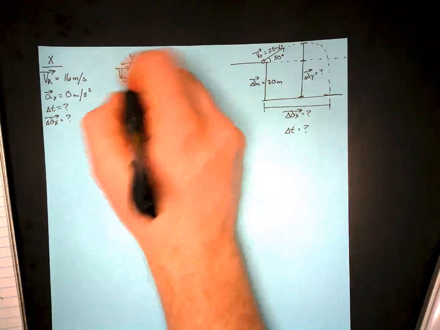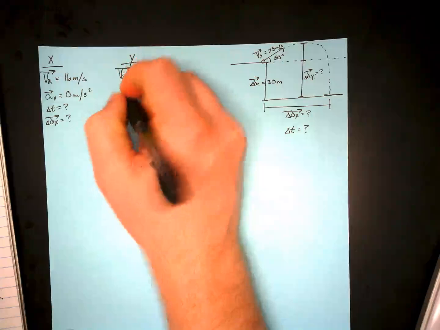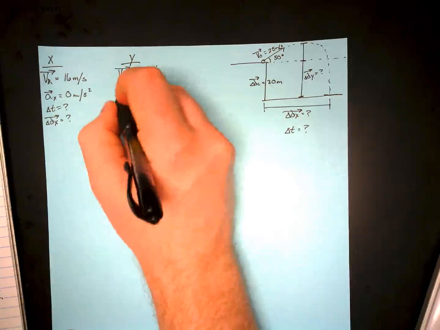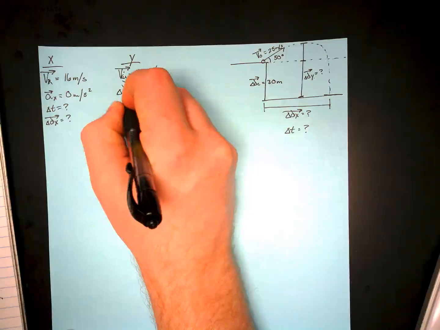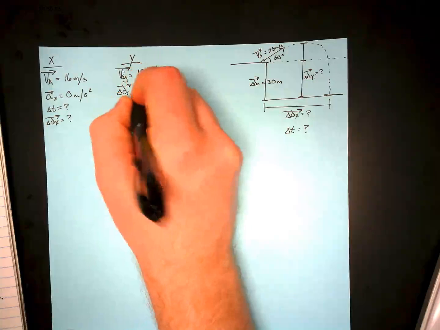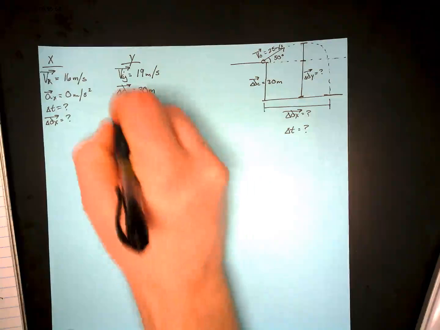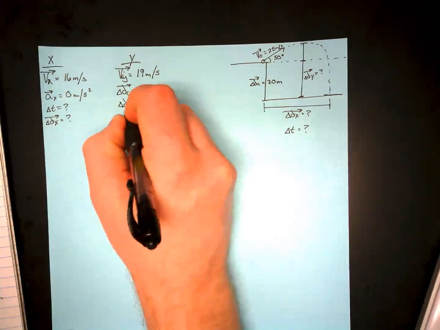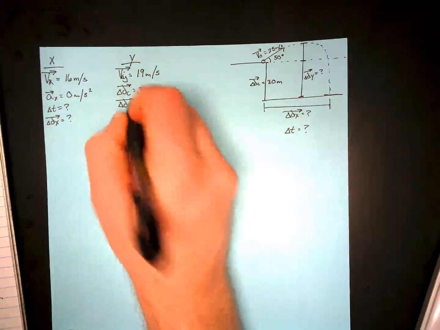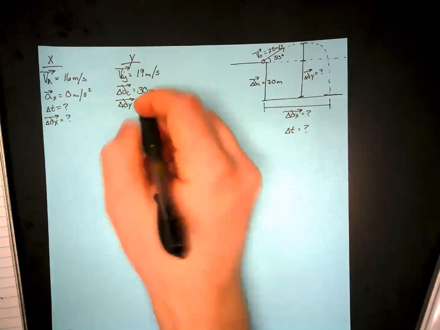What about the y-axis, other than what we just put in? Well, we've got the cliff. I'll put the cliff over here as part of the y-axis. We don't know the total height yet. I'm going to denote the total height as delta dy.